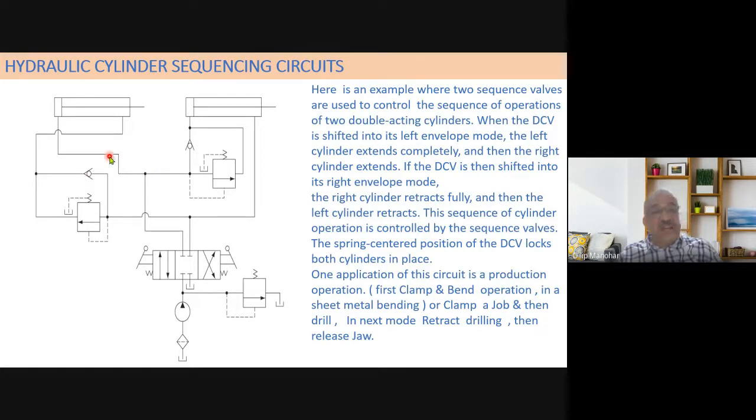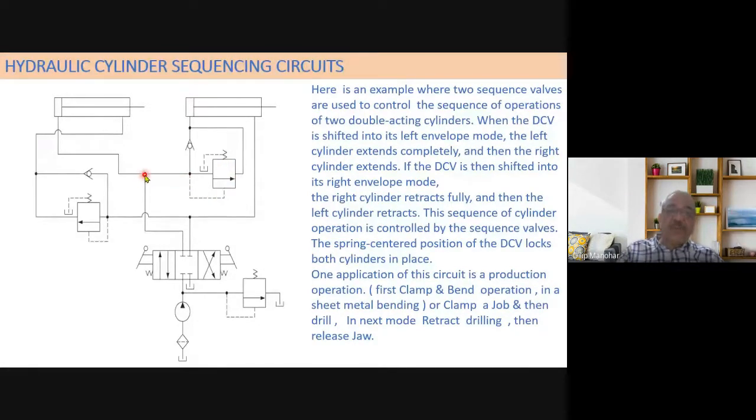The point of next actuation will be as soon as cylinder A completely extends. The pressure on this side A is so high that it will trigger the sequence valve on this side, that means the B side.